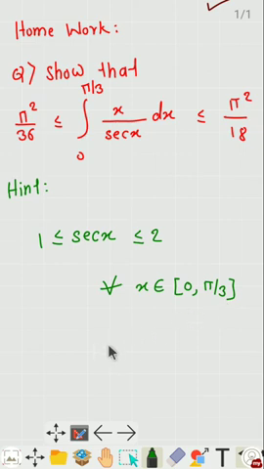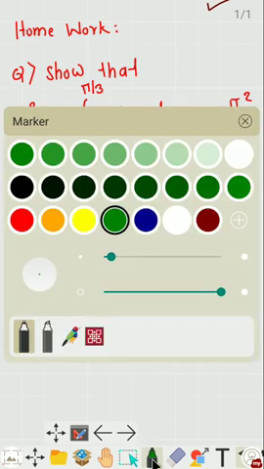Okay, this is the hint and it will be useful to solve this problem.